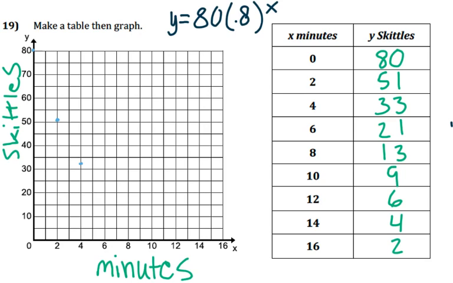And then you have 6, 21, and 8, 13. And then we have 10, 9, 12, 6, 14, 4, and 16, 2. And we've graphed our situation.